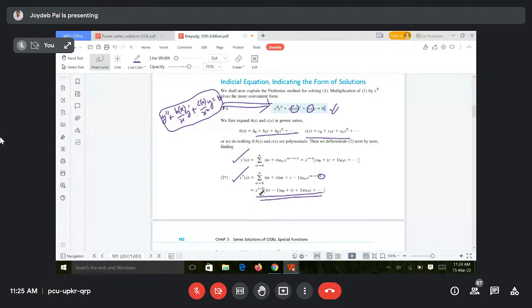So after multiplying x square it will be x to the power r into this, is not it?